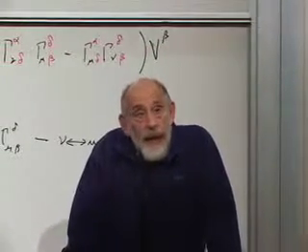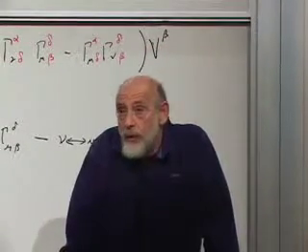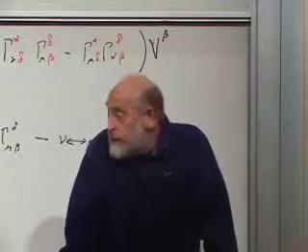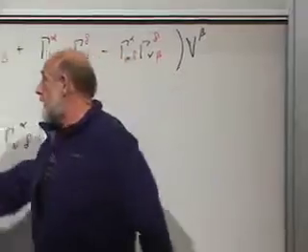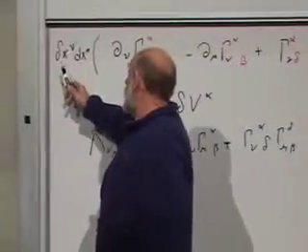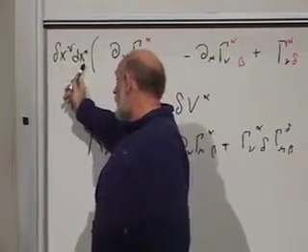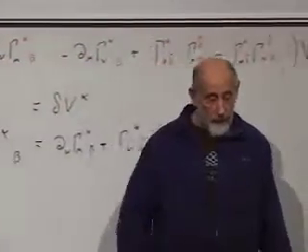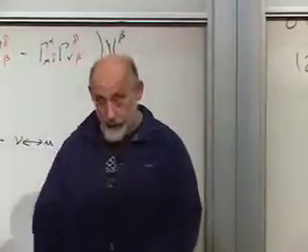In other words, any plane can be characterized by two vectors. Any two vectors characterize a plane. So if I choose two infinitesimal vectors, delta x nu and dx mu, these are two different vectors, delta and d, then they define a plane.